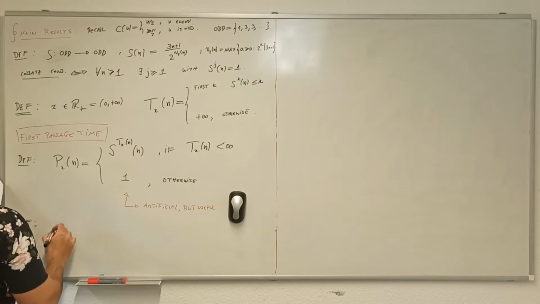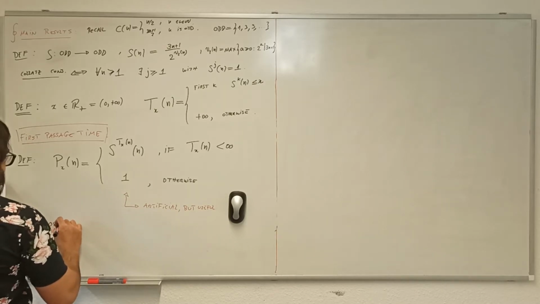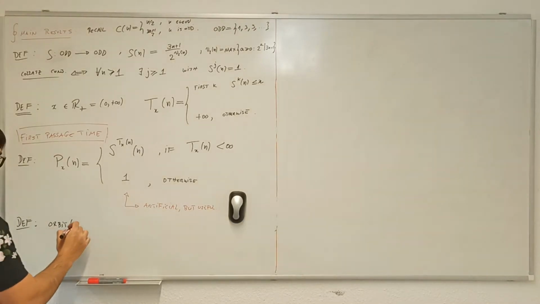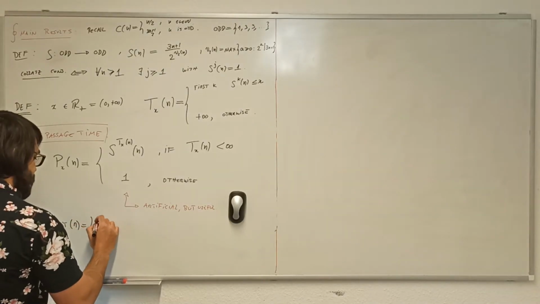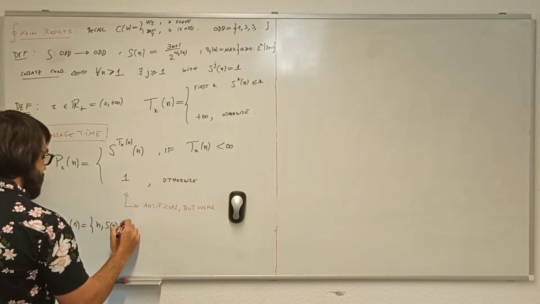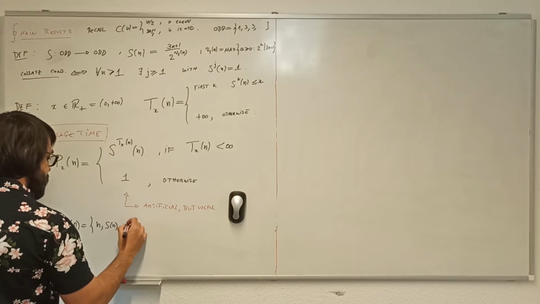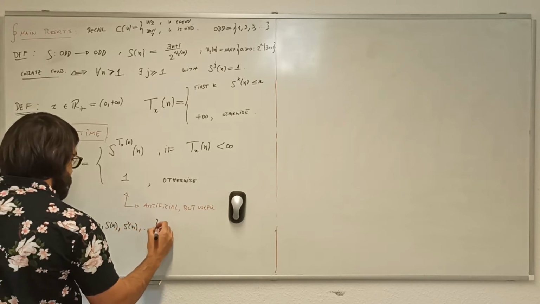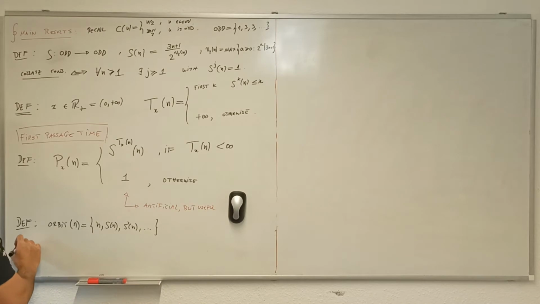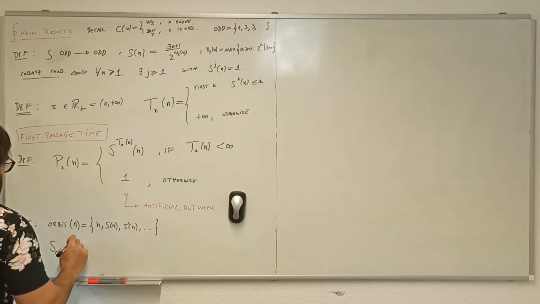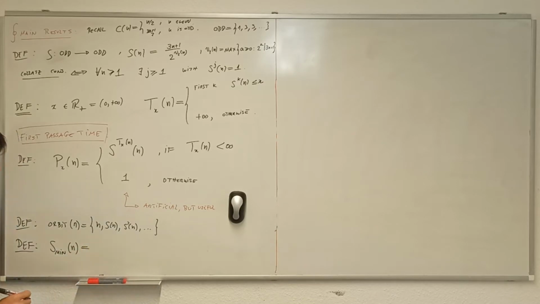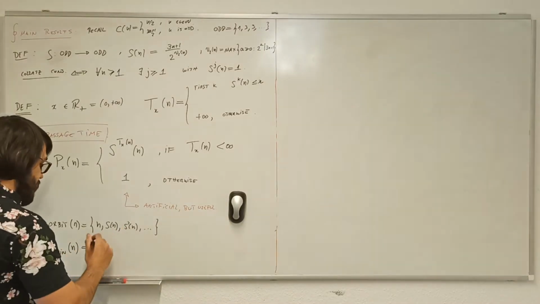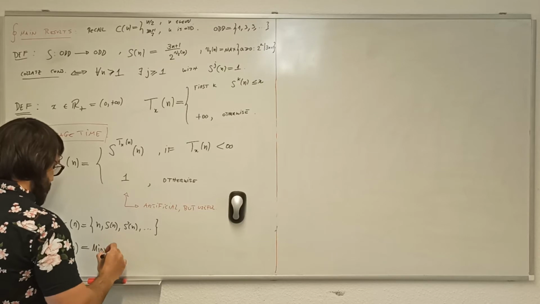Okay, I will define the orbit, which is just the set n, s(n), s squared of n, and so on. I will also define s min of n, which will be just the minimum number in the orbit.